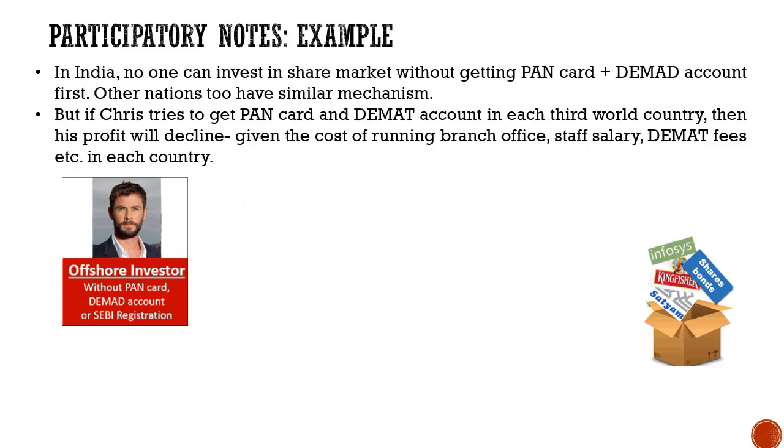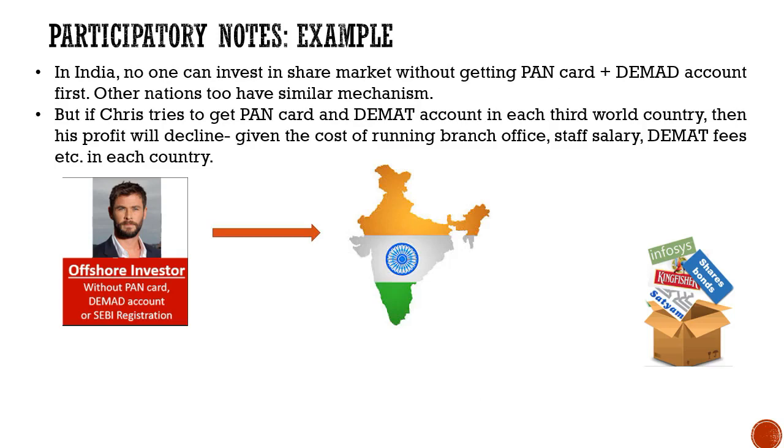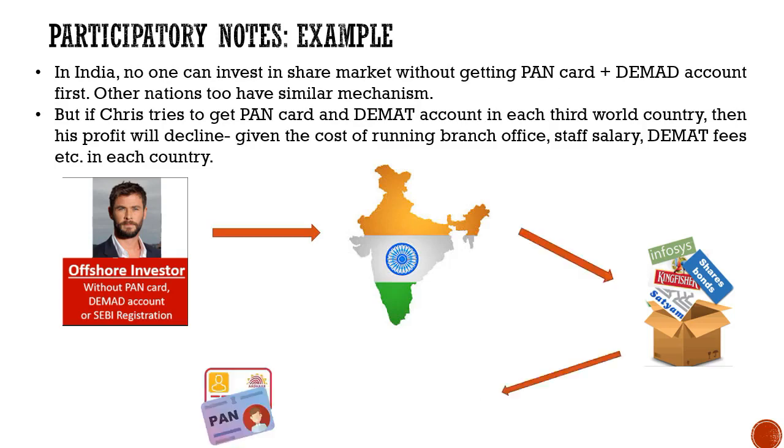Now everyone knows that in India no one can invest in the share market without getting a PAN card and demat account. Other nations too have a similar mechanism. But if Chris tries to get a PAN card and demat account in each third world country, then his profit will decline given the cost of running a branch office, staff salary, demat fees, etc. in each country.